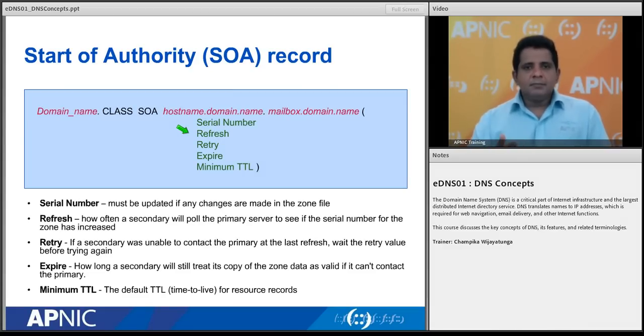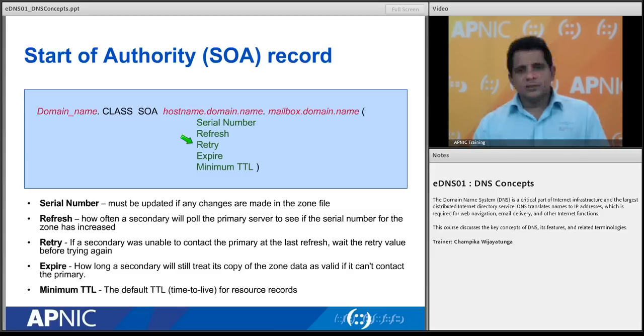That time gap, the time duration between your visits to me, is what we call the refresh time. So after every refresh time, the secondary comes to the primary and checks the serial number. That is why we have to define a refresh time.